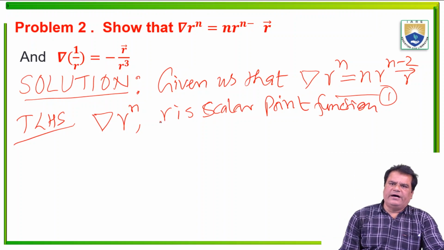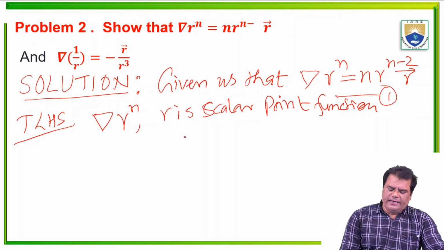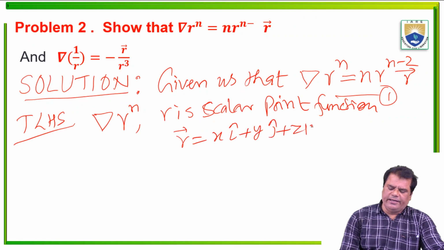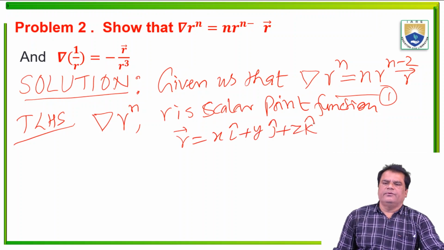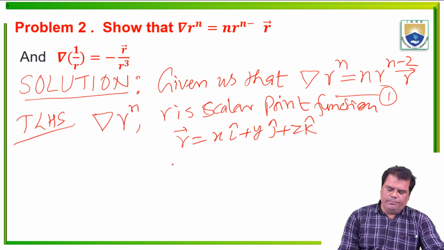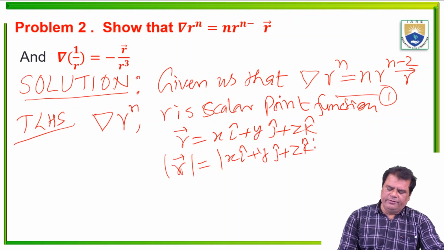So what is the value of r here? r is vector r, which is xi plus yj plus zk. Okay, so now the mod of vector r is the mod of xi plus yj plus zk.